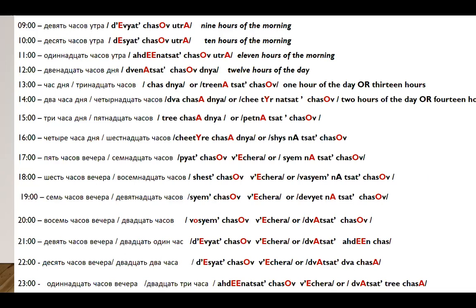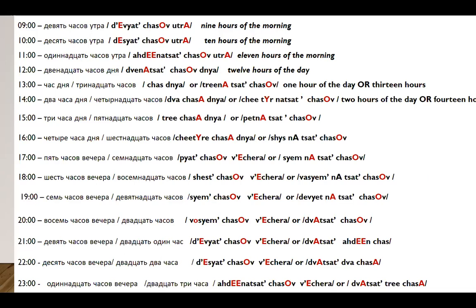Well, then we have 12. We can say 12 часов дня, which is 12 hours of the day. Or we can say полдень, half the day.